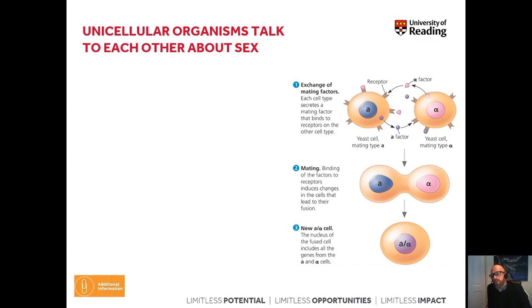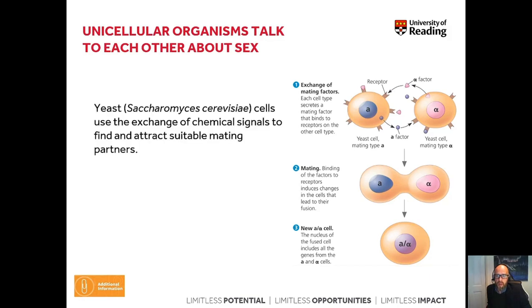So let us have a look at slightly more complex cells. Here I would like to talk very briefly about another way signals are exchanged in very primitive unicellular organisms. In this case, I'm talking about yeast. Those cells use exchange of chemical signals to find and attract a suitable mating partner.